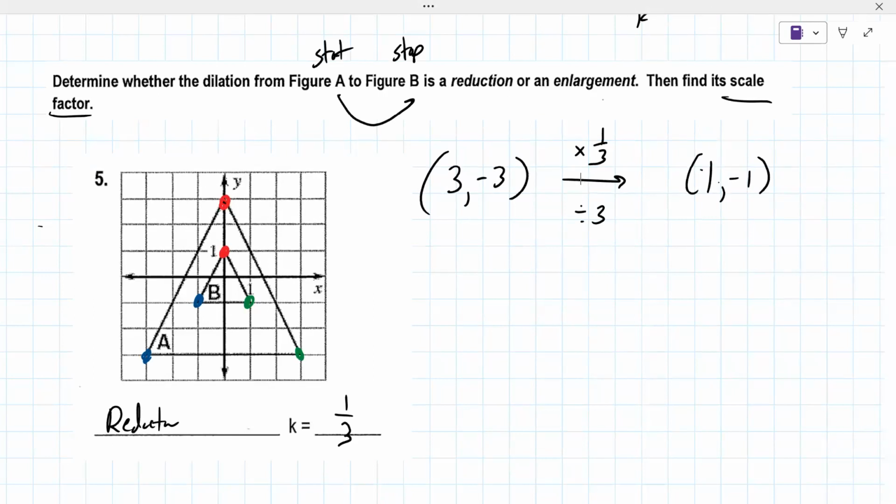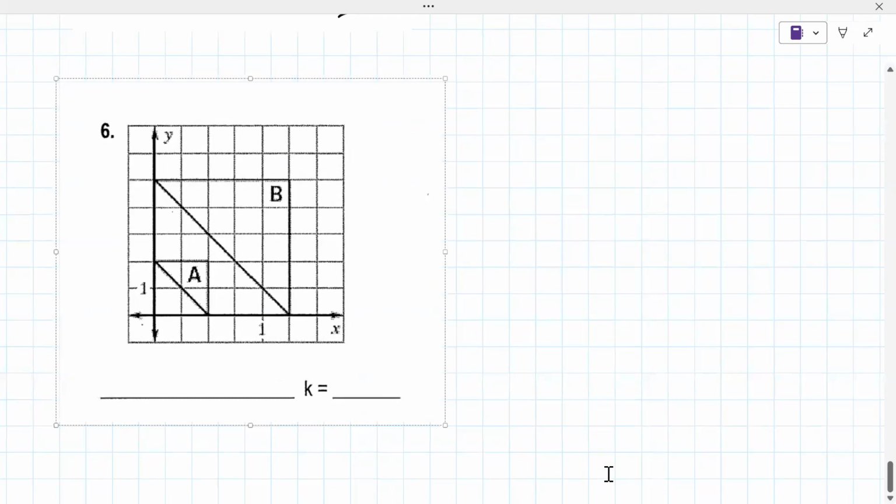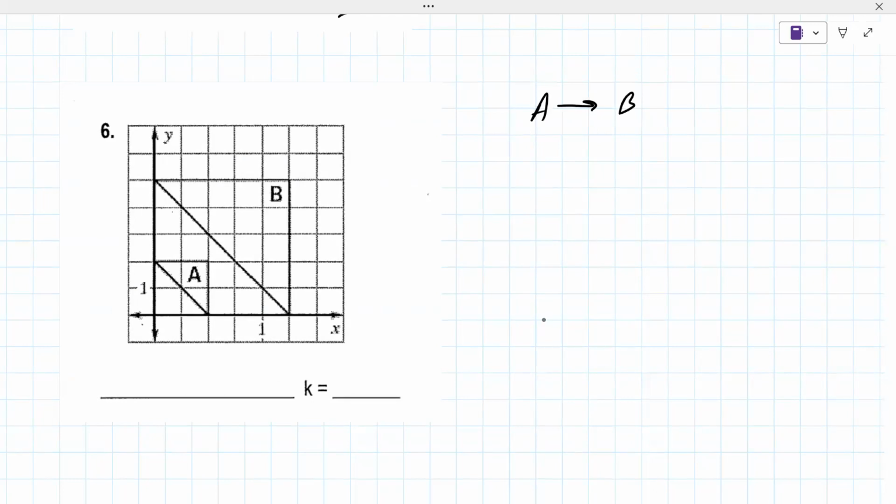All right, let's have you try one more to close out here. Actually, we're running out of time, so I'll just quickly run through it. Okay, so from A to B, you can see that it gets larger.